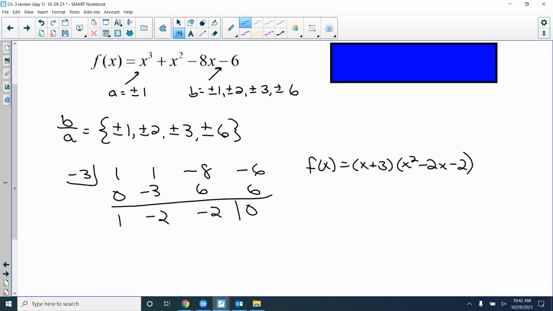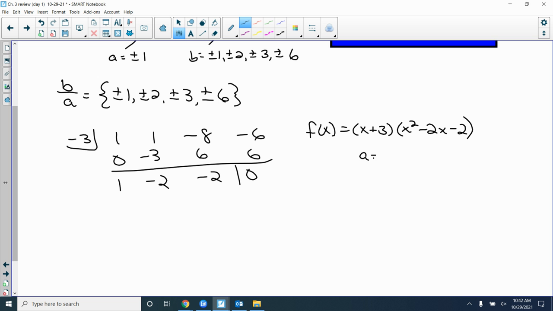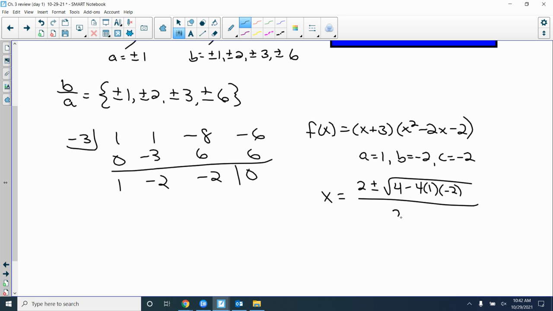So I get A is 1, B is -2, C is -2. So using this, x equals negative, opposite of B is 2, plus or minus square root of B squared is 4 minus 4 times A times C, over 2.